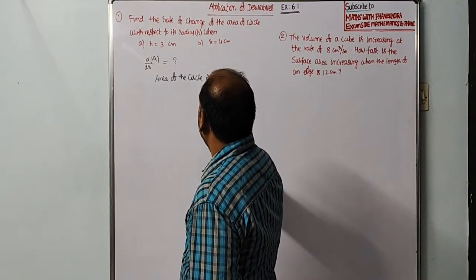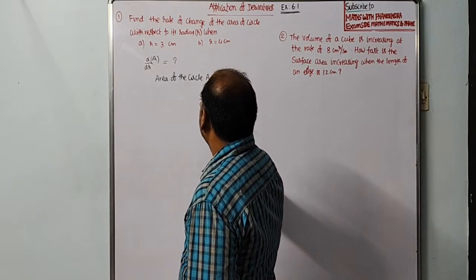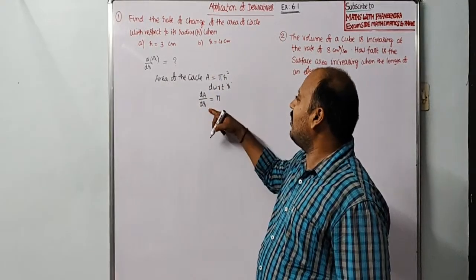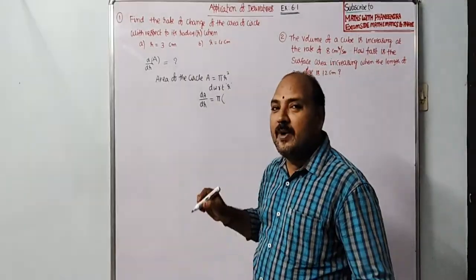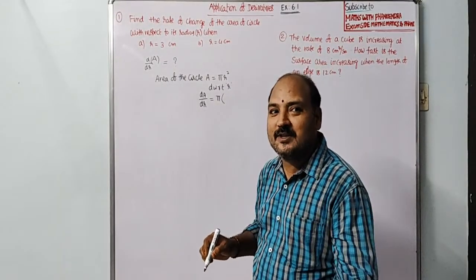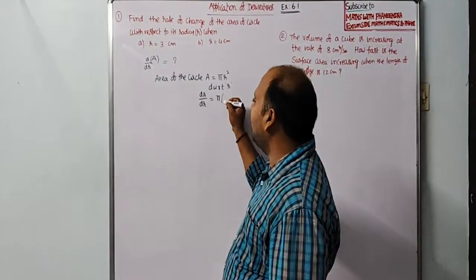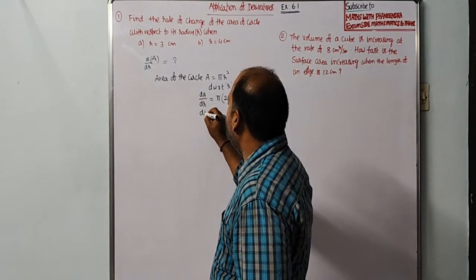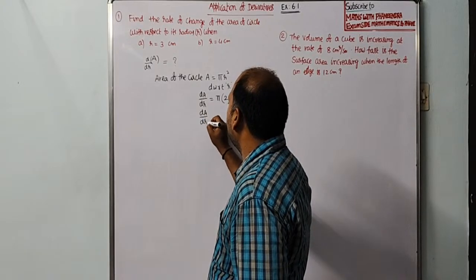So, dA by dr is equal to pi into d by dr of r square. d by dx of x square is 2x. Similarly, d by dr of r square is 2r. So, dA by dr is equal to 2 pi r.